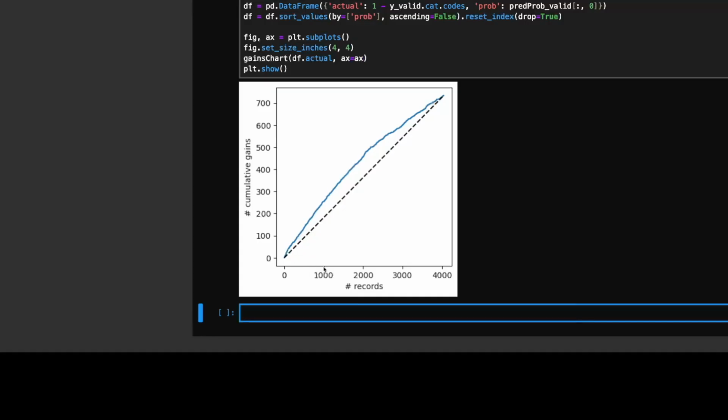So with 1000 records, if we take that here, it's about 150 is what we would have captured. But with our model, it goes up to about 225 or so. So that is the cumulative gain we get in terms of identifying potential delays from our model.